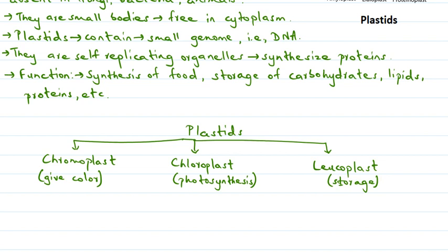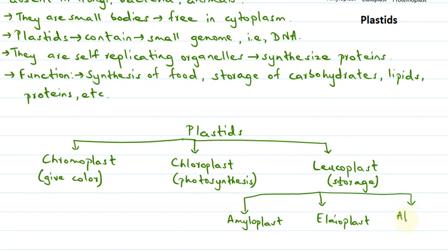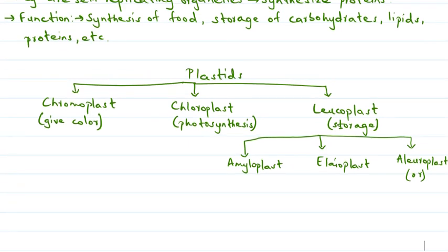Further, leucoplast is of three different types: amyloplast, elaioplast, and eleuroplast, also known as proteinoplast.